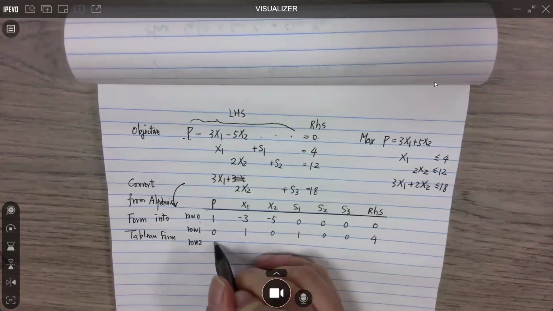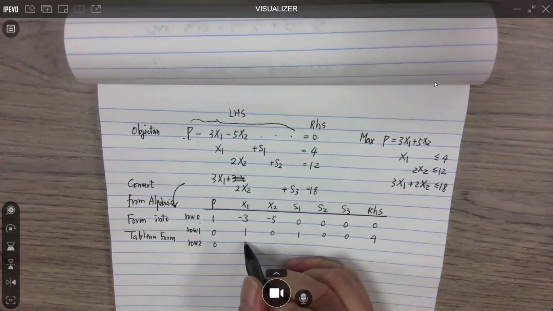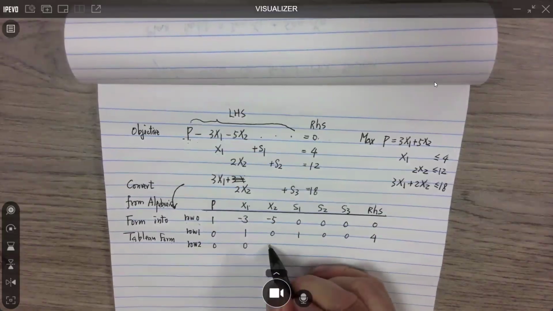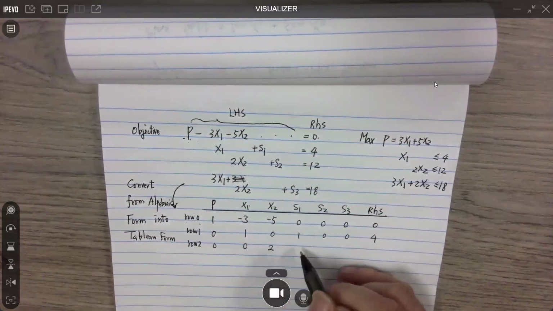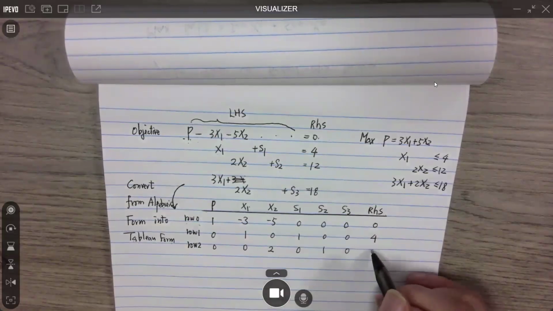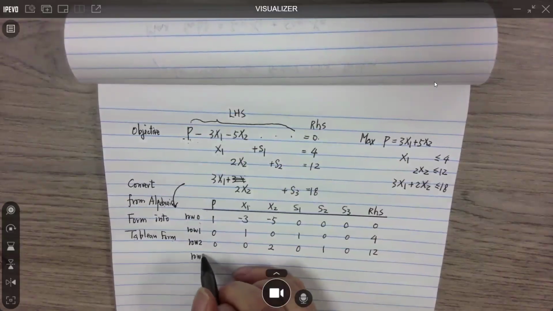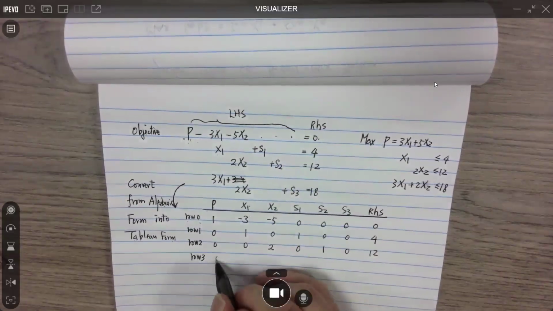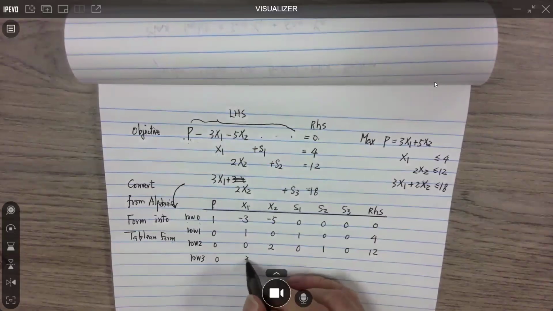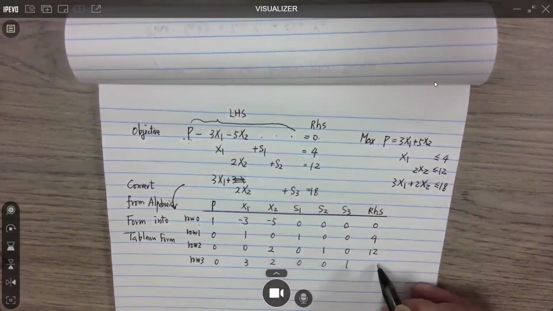Same thing, row 2: this is 0, and you don't see x1, so this is 0. For x2, the coefficient is 2. Then 0, 1, 0, and this is 12. Let's look at row 3: 0, 3, 2, 0, 0, 1, and this is 18.